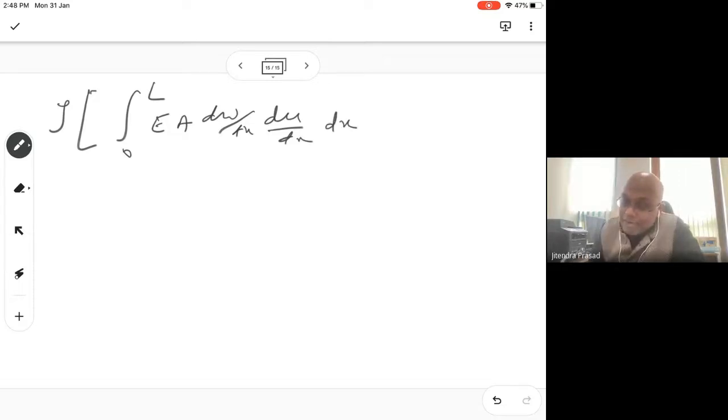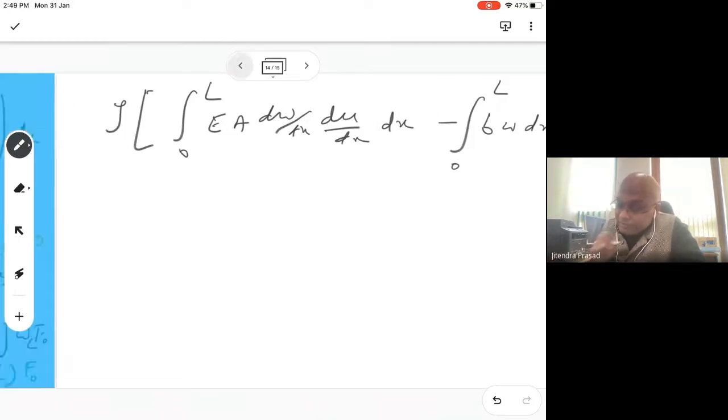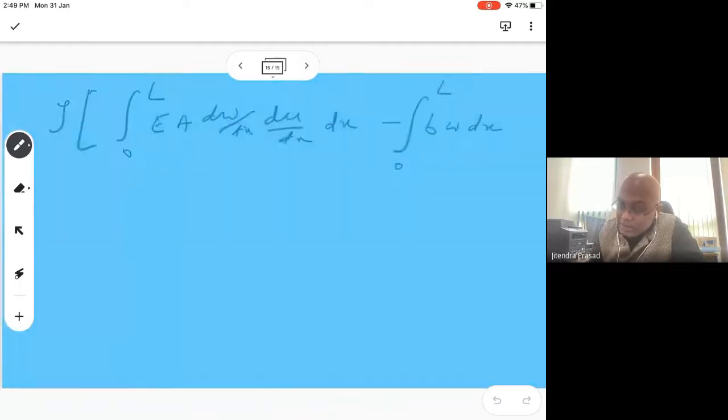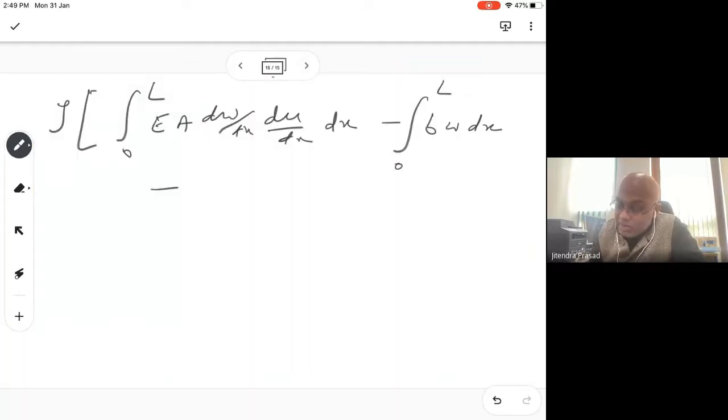and then you have a minus, so minus 0 to L B w dx. Then you have minus zeta is outside, then w at L, and then you have F naught is equal to 0.